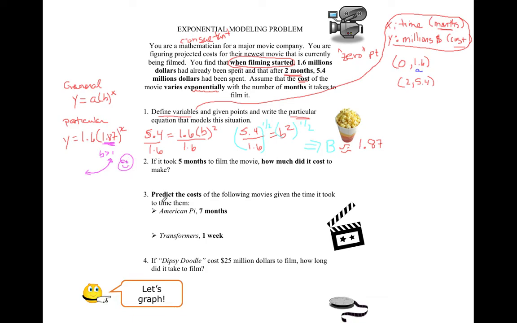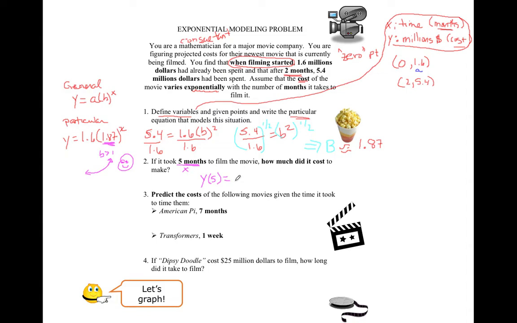So now the next questions are plug and chug, right? If it took 5 months, is that an X or a Y? So show me that you're using your model to plug in 5. And then go to your calculator and say 1.6 parentheses. Don't use 1.87.